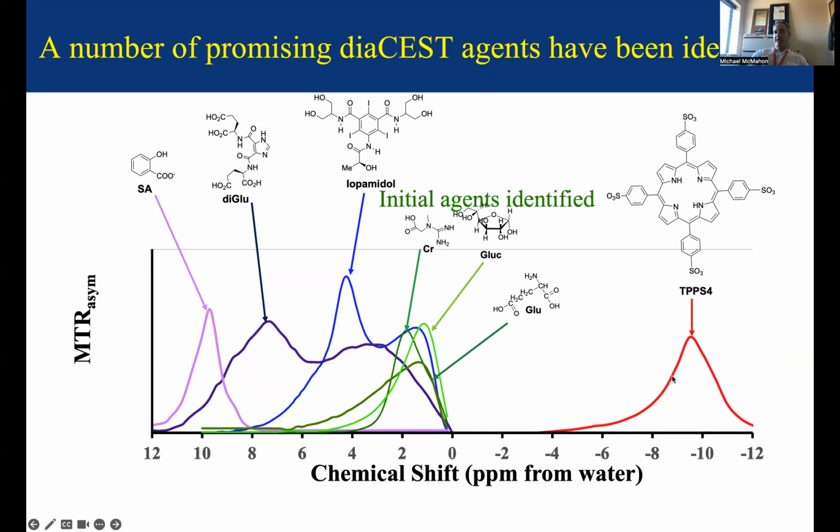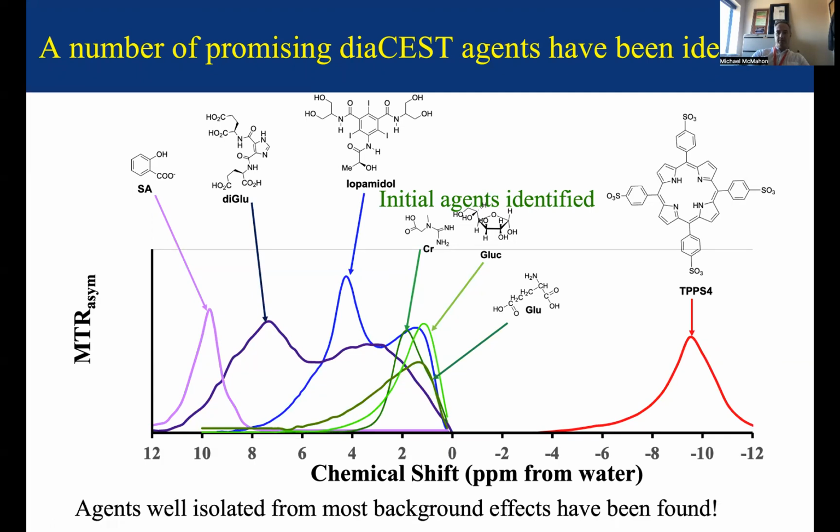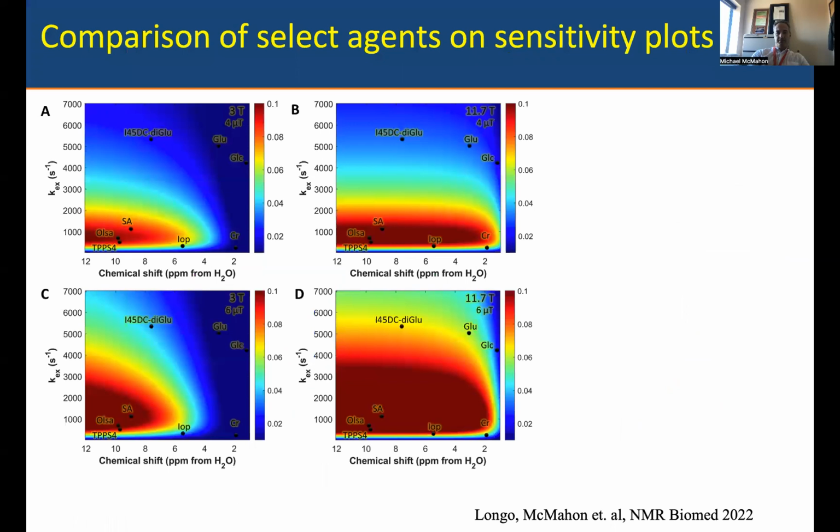So it's a quite wide range in frequencies that you can depict with the appropriate structures with CEST agents. And here's just a comparison based on some of the sensitivity plots for 11.7 and 3 Tesla, which we published recently.